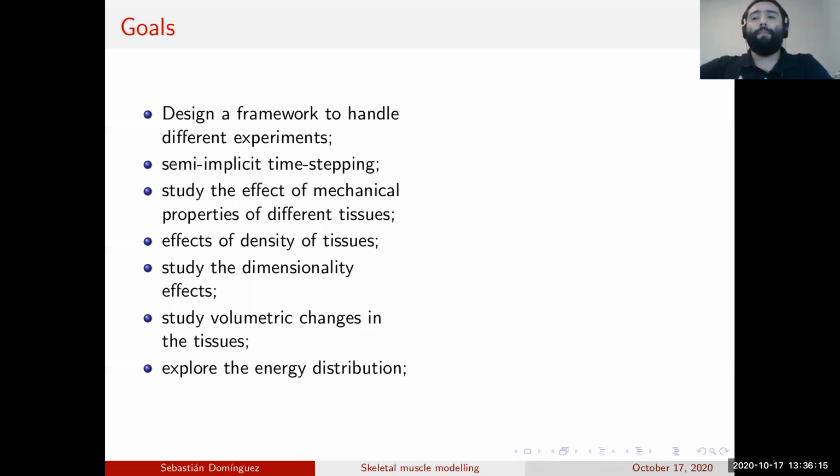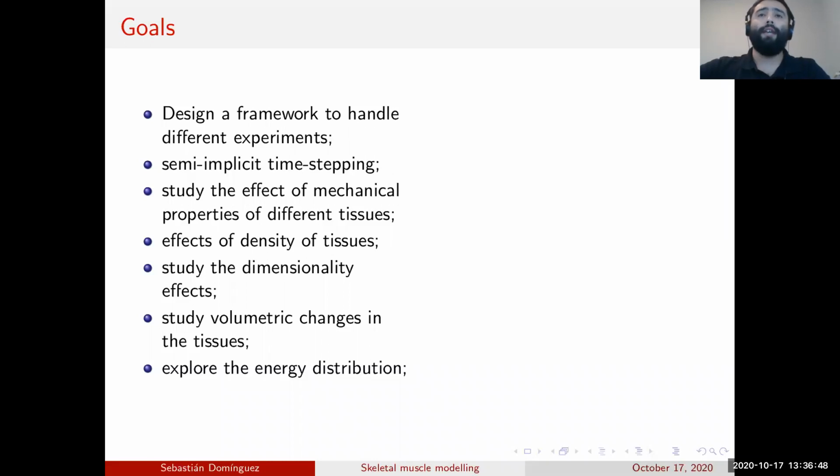Or sometimes do lengthening of muscle tissue and see what the properties or forces are. The other aspect was how to develop semi-implicit time stepping, and I'll get into more details about that later, and why we wanted a semi-implicit and not a fully implicit method, which would be something many would try first, because there is not much knowledge on the stability of this problem.